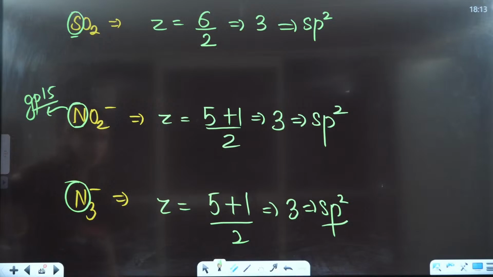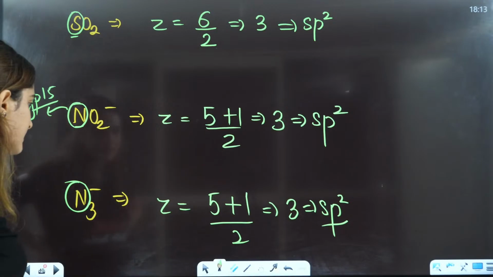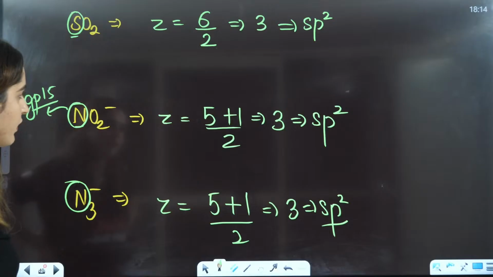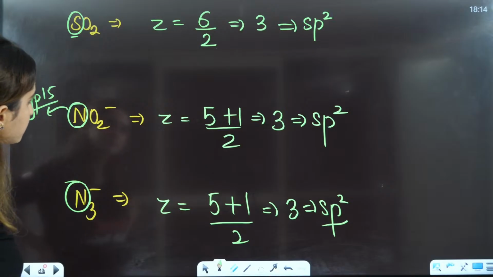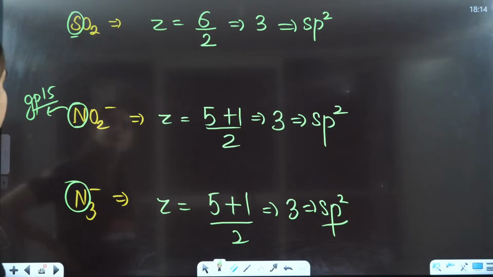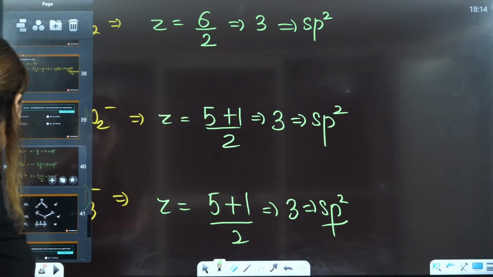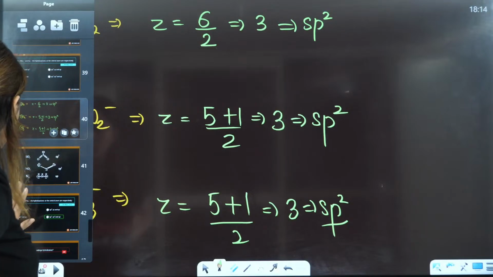If you see this, 5 valence electrons, 1 is added here, 6 divided by 2. Wait a minute, the answer, yes, it will be sp now.